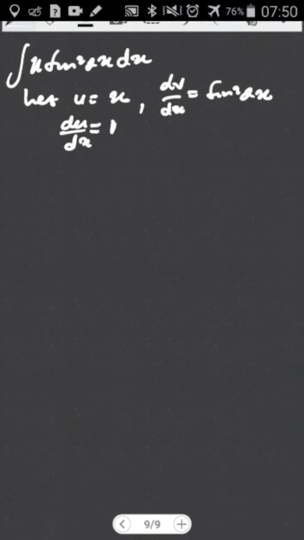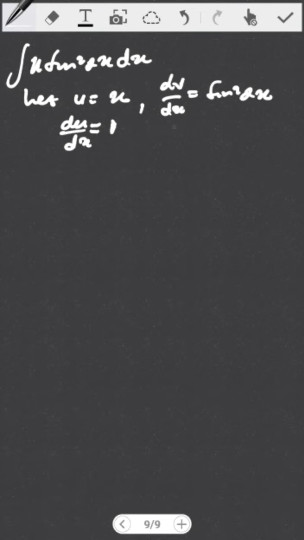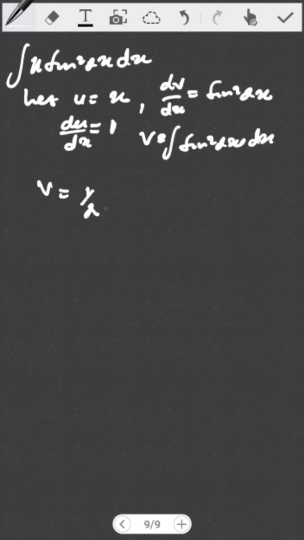So I say that v would be equal to the integral of sine squared 2x dx. To integrate this, I know that v equals 1 over 2 times the integral of 1 minus cos of 4x with respect to x.